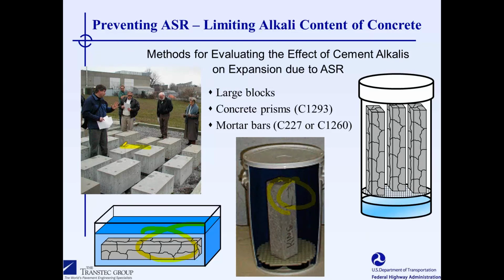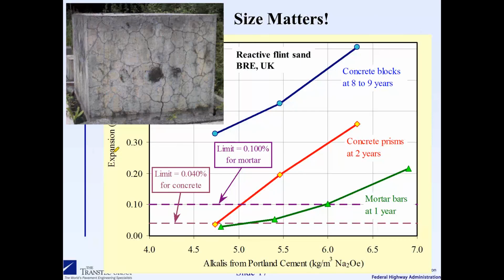The most reliable way for doing this is to actually cast concrete blocks at different alkali contents and determine what the threshold level is. Unfortunately, of course, it isn't very practical to do this under most circumstances.